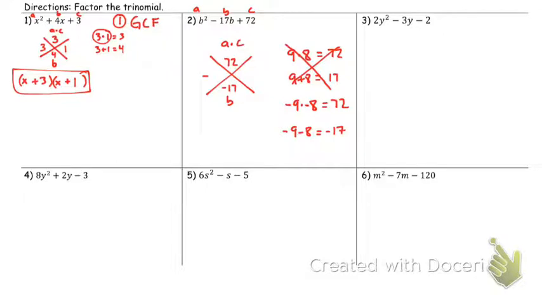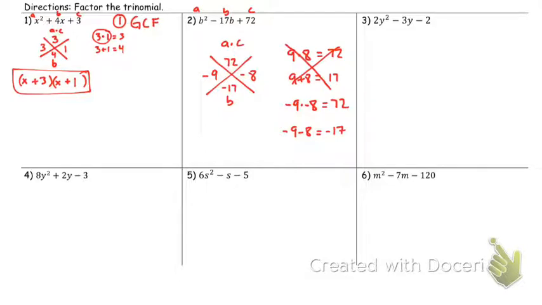So it's very important that you are mindful of your signs when you do this. We've got to keep this guy positive when we multiply, but also keep it negative when we add. Okay, a lot of mistakes happen when we mess up with those signs. Make sure it works for both top and bottom, your a, c, and b.